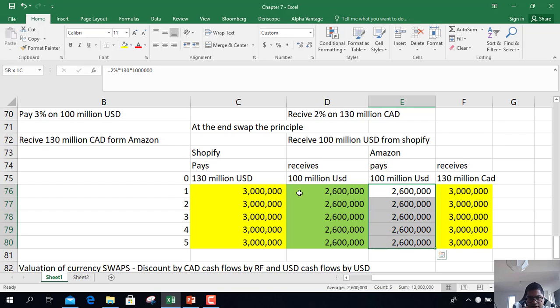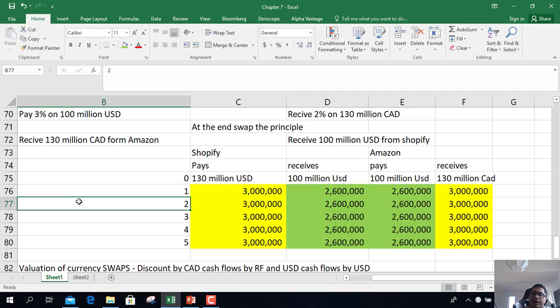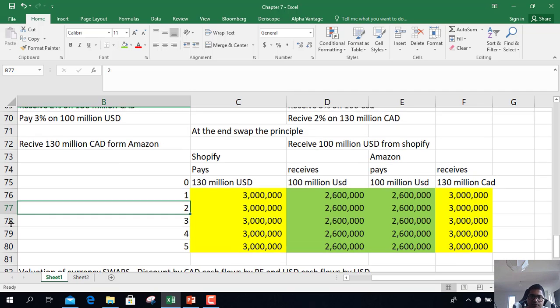This was Canadian dollars. Okay, this is how the swap would work.